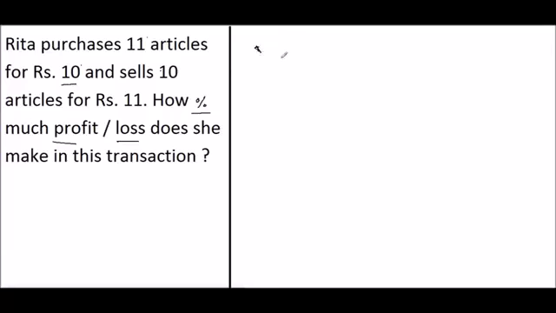What is this figure of 110? Let us imagine that Rita purchased 110 articles. Why 110 articles only? Why not 100? Because here 11 and 10, two numbers are there. It is better to take the LCM of these two, the LCM of 10 and 11, to avoid the fractions and to make the concept easier for us, thereby saving some time.